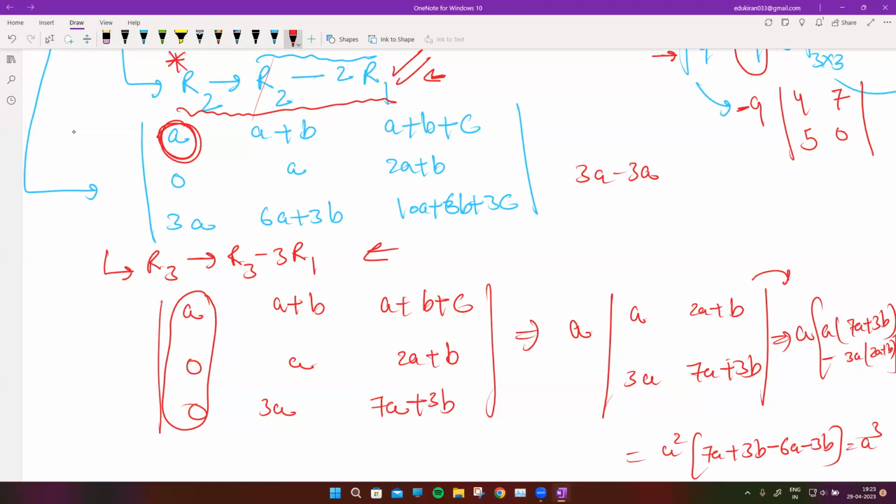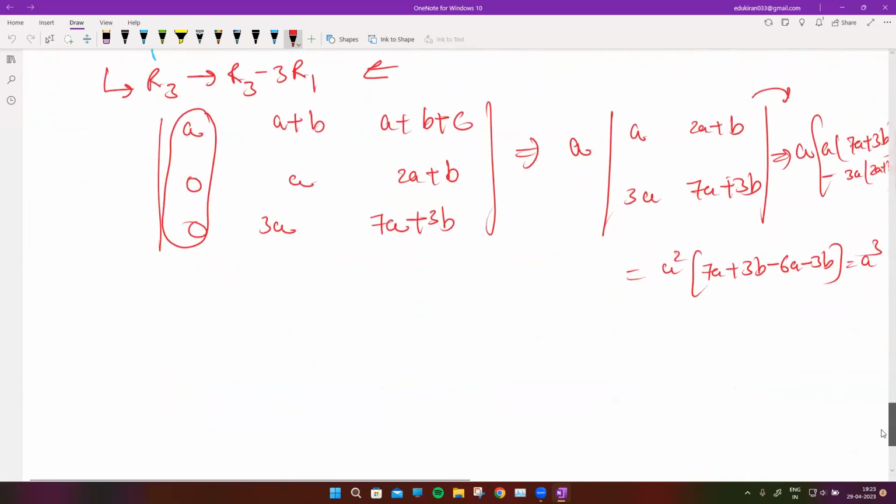So the rule is pretty simple. You have to make 2 zeros in either a row or a column, and then reduce that 3 by 3 determinant into a 2 cross 2 determinant. And with this example, I tried to show you two things.